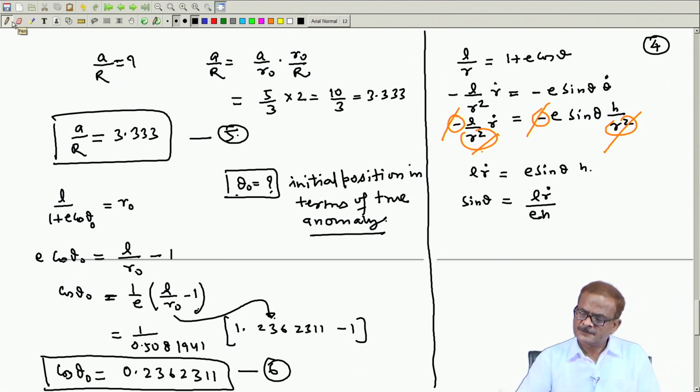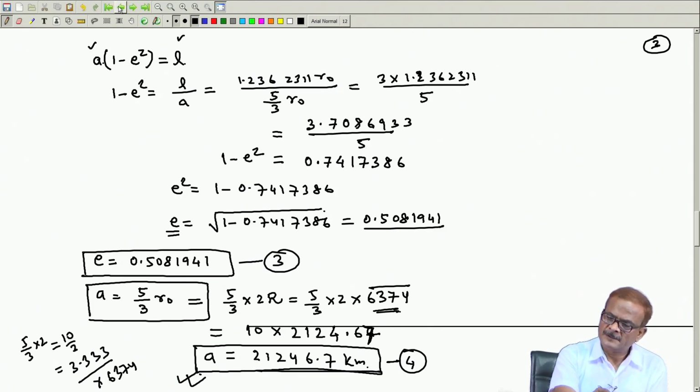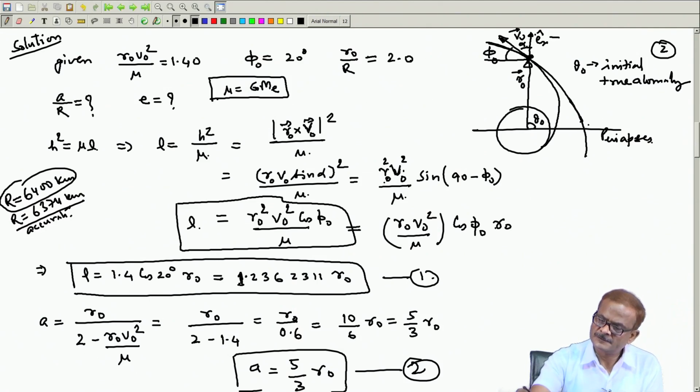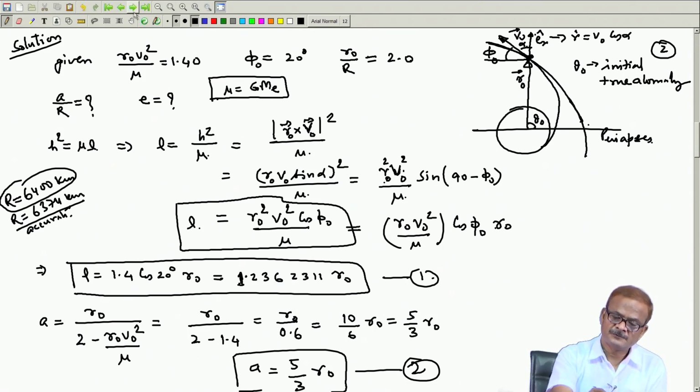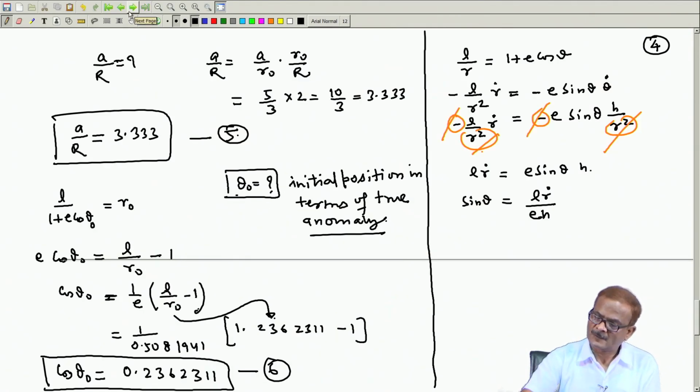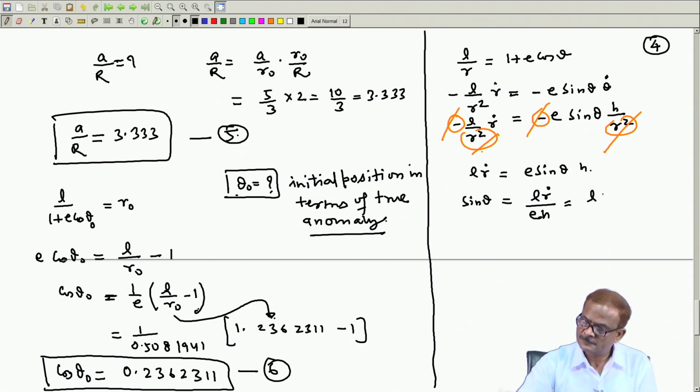Now, r dot is the radial component of the velocity vector. If we go back here, this is r dot in this direction. So, this will be V0 cos alpha. So, r dot is V0 cos alpha. So, L times V0 cos alpha divided by e times h.